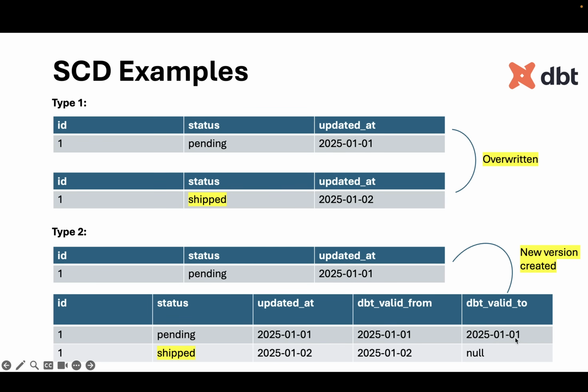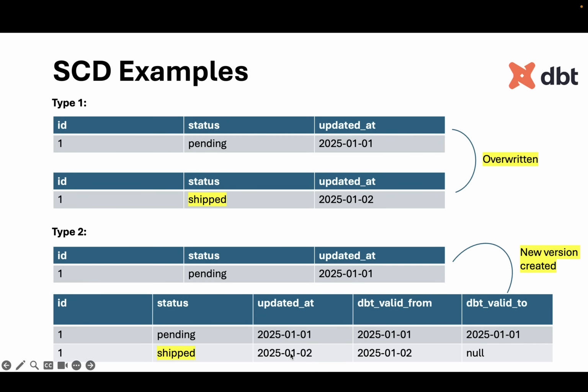As I will show you in this video, DBT valid to, the very first time it's created, will be null. And when we now change the status of this record to shipped, which is coming in on the 2nd of January, the status changes to shipped.